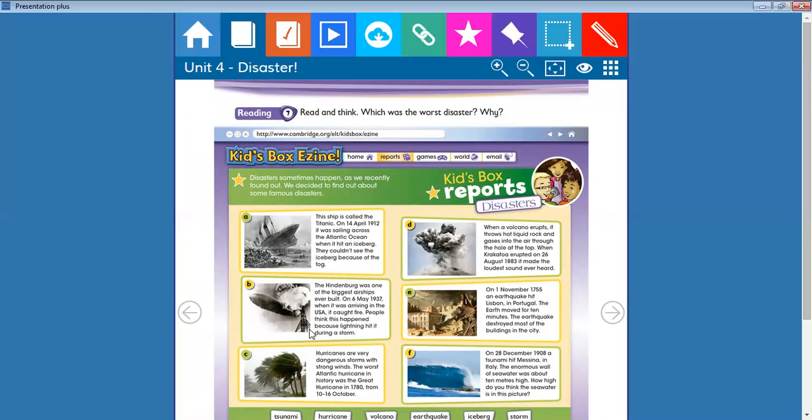B, so that's the Hindenburg. It's an airship that was on the 6th of May, 1937.